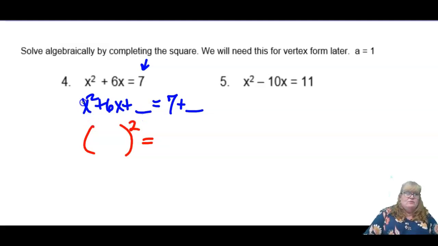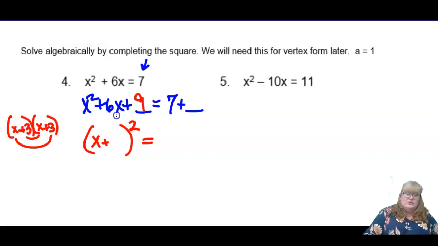To do that, we square root the first term and we get an x. And then we need to figure out what something times itself foiled together to make this quantity that had a 6x in the middle. So it had a 3x and a 3x. And the last term would have been 3 times 3, or 9.